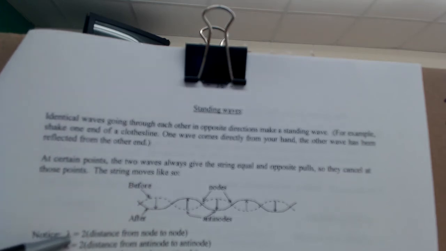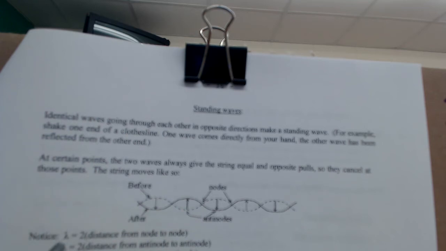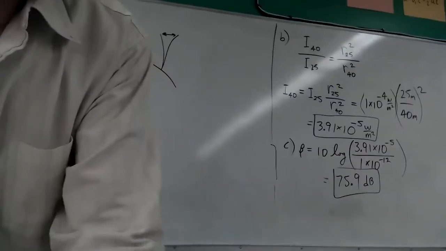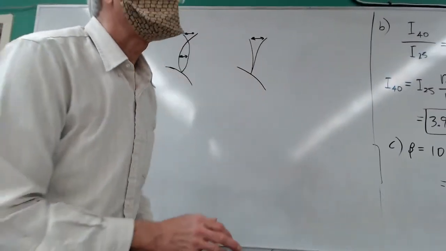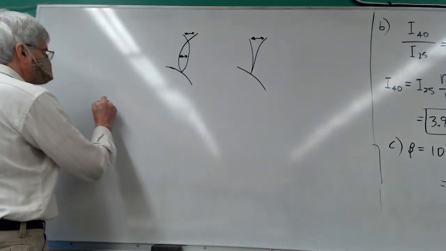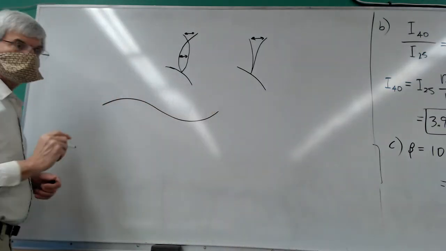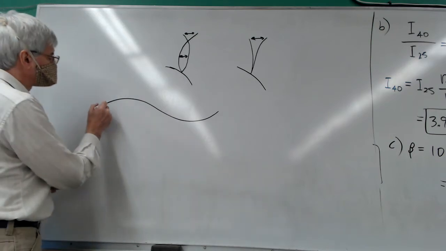I probably should have if I didn't, but notice, maybe I should use this pointer over here again. So the solid line is the farthest it ever goes to one side.